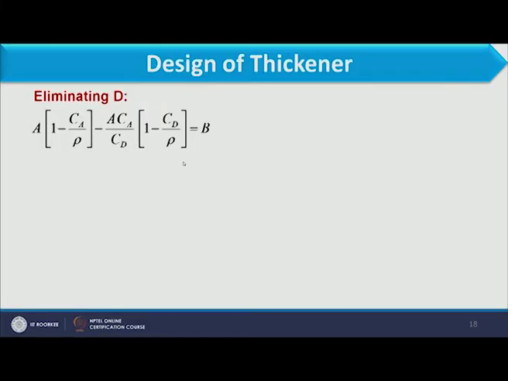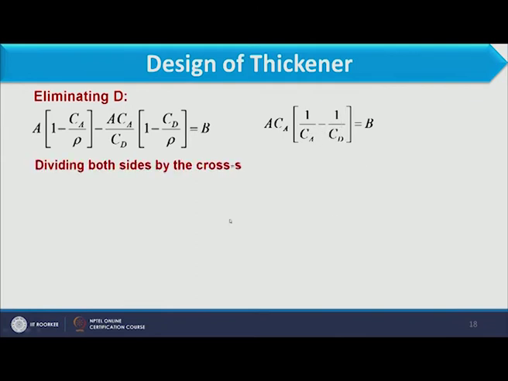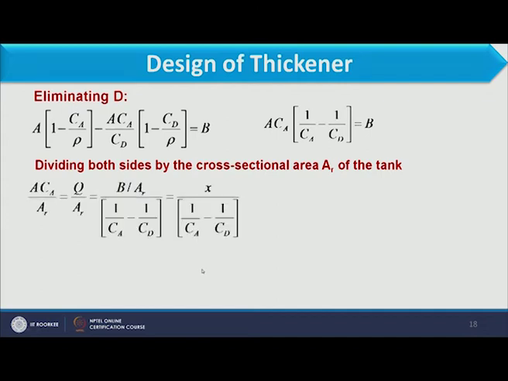Now from the component balance and the overall balance, we will eliminate D, and after rearranging we have this equation: A Ca(1 by Ca minus 1 by Cd) equal to B. Now dividing both sides by the cross sectional area AR of the tank, A Ca by AR, where A Ca is basically the mass flow rate of the feed, that is Q. Why is it Q?